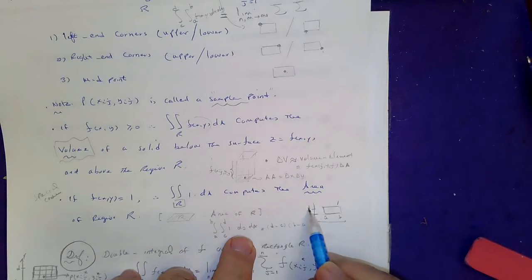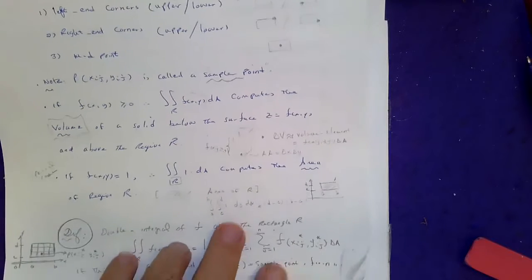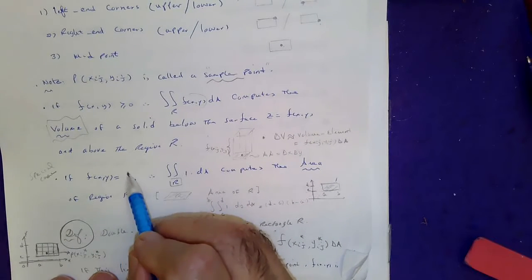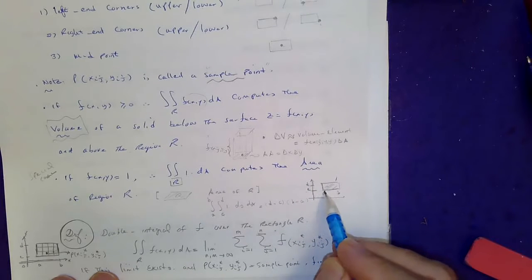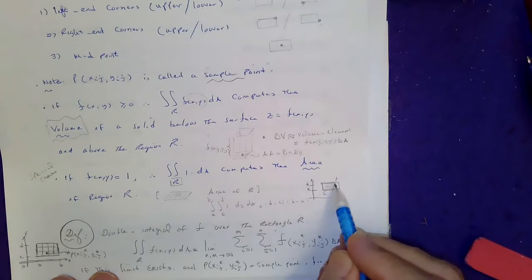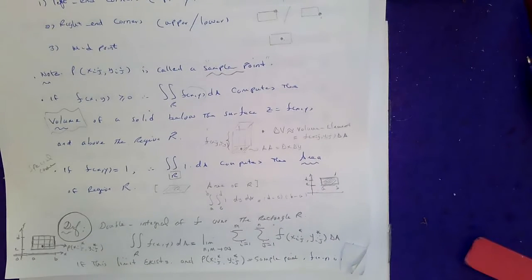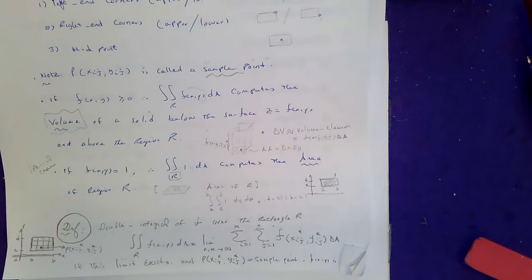Do you all see it there? Right? So in other words, if the integrand happens to be equal to 1, what you're finding, instead of volume, is the area of the region, in this case a rectangular region.